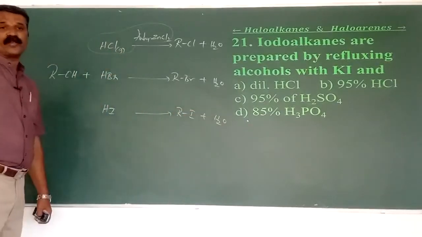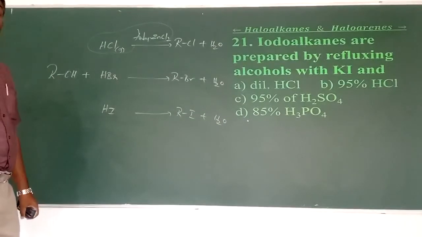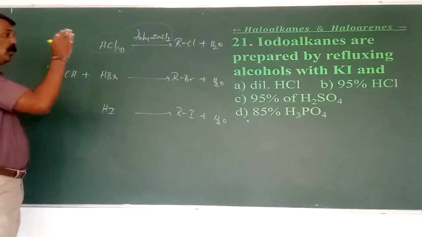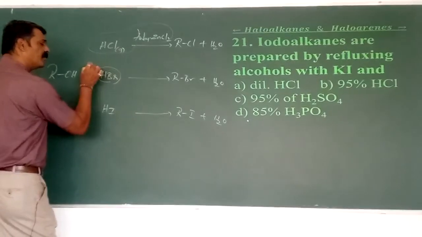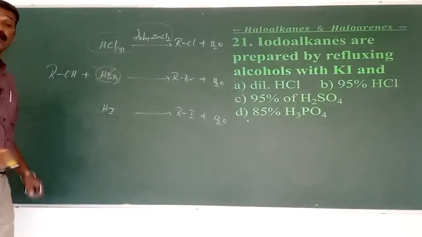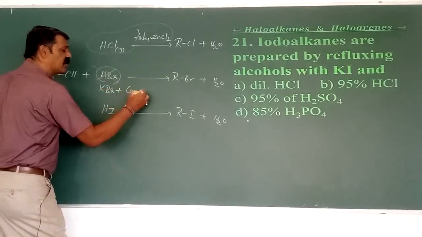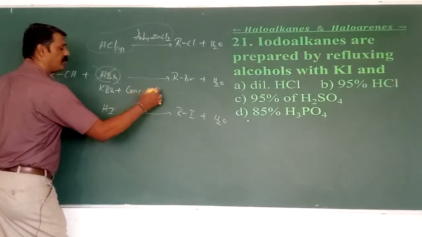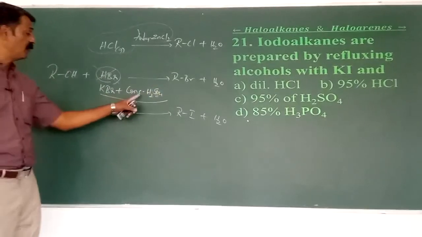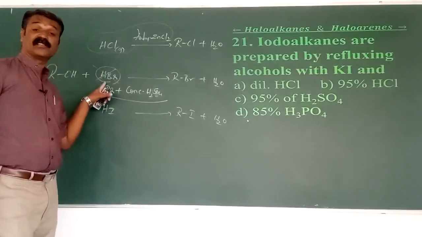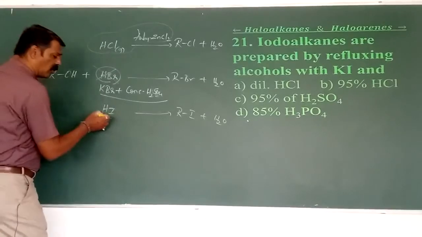There is no HF, because it can form hydrogen bonding, therefore there is no preparation of fluoroalkanes. We have either the chloro or the bromo or the iodo haloalkanes. But HBr is not readily available. How is it obtained? By treating either NaBr or KBr with concentrated sulfuric acid. The combination of potassium bromide or sodium bromide with concentrated sulfuric acid will provide the HBr. Similarly, HI is also not readily available.